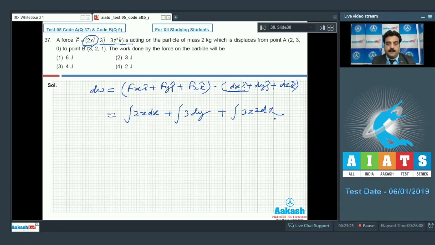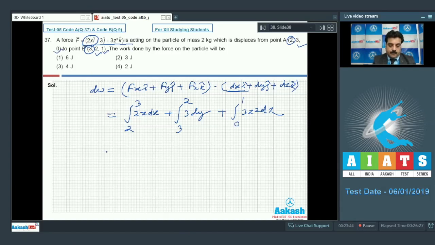Now I am going to concentrate on the points A to B. So these are limits. In the case of x, you will write from 2 up to 3. In the case of y, 3 to 2. And in the case of z, we'll start from 0 up to 1.